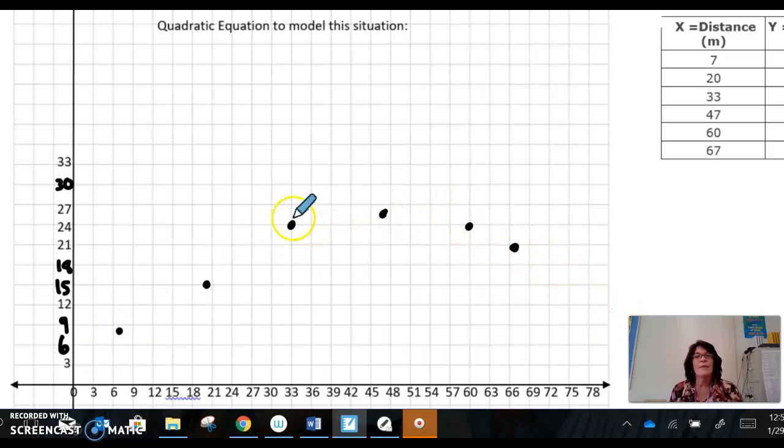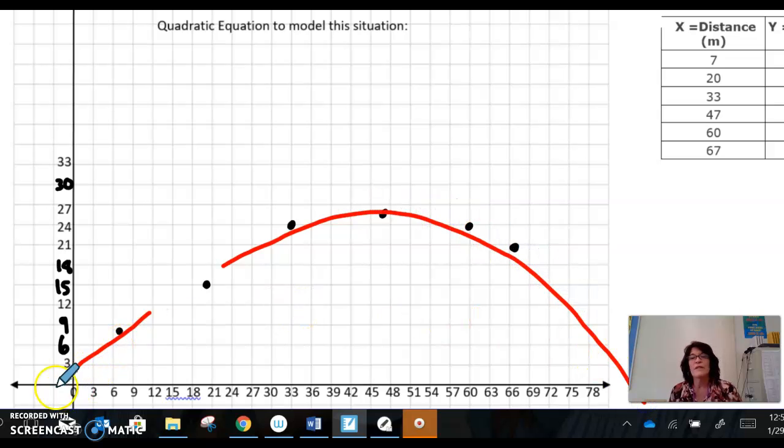What I would want to do, hopefully you're better at this than I am, is draw a parabola that hits as many points as I can. I'm not going to hit every point, obviously, but I'm just showing the flow of the data.